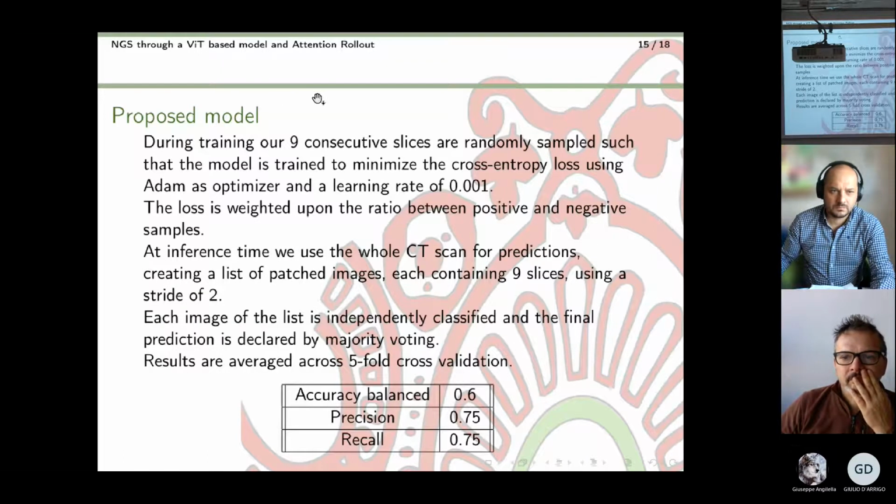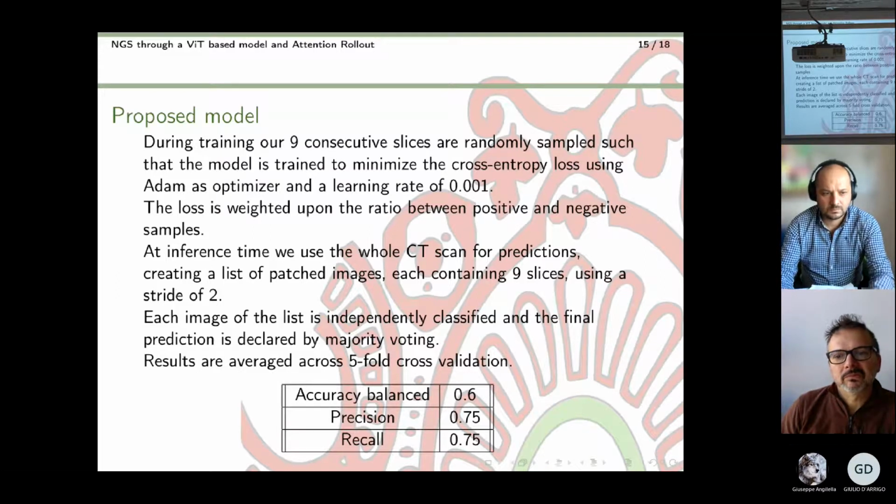During training, our 9 consecutive slices are randomly sampled, and the model is trained to minimize the cross entropy. The optimizer we used is Adam, with a learning rate of 0.001. The loss, of course, had to be weighted to balance the samples where the EGFR gene was present and those where it wasn't.